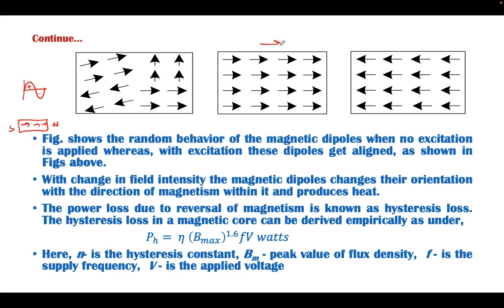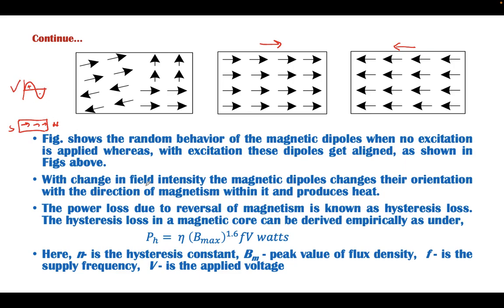Initially they are random in behavior, whereas when subjected to electricity, they start aligning in one direction. Then if the supply changes, they align in another direction, and this process of changing from one direction to the other keeps going as long as the supply is there.